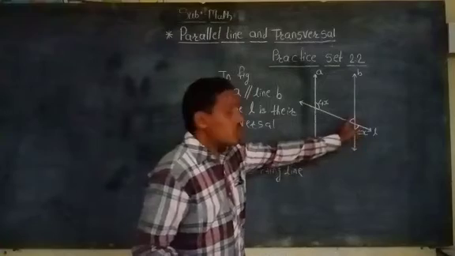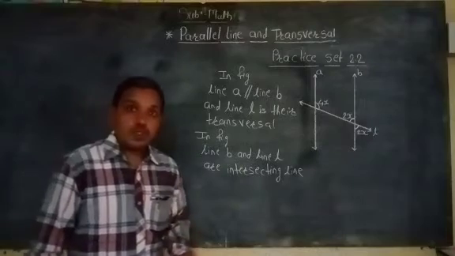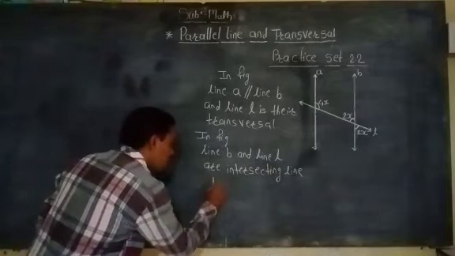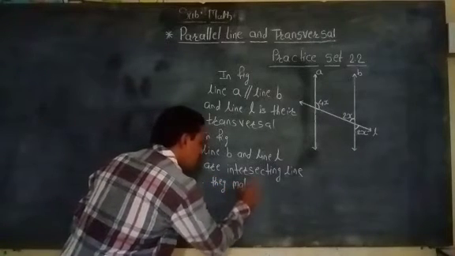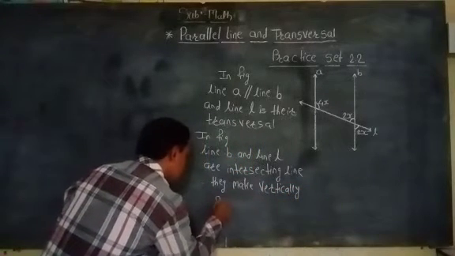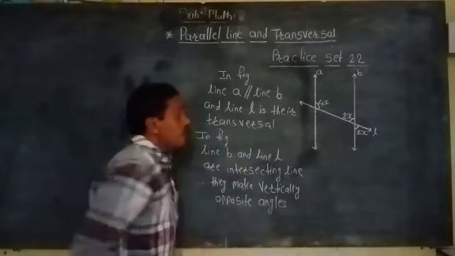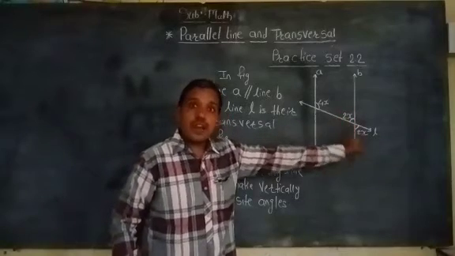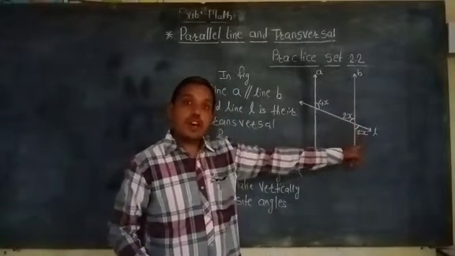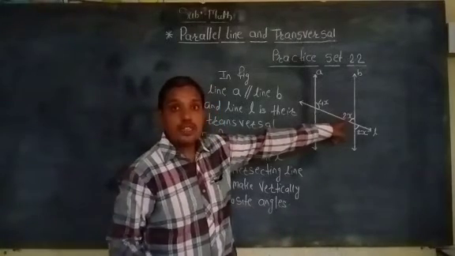That is why the measurement of that angle is also 2x. Then, line B and line A are intersecting lines, therefore they make vertically opposite angles, and the measurements of these two angles are the same, so that angle is 2x.